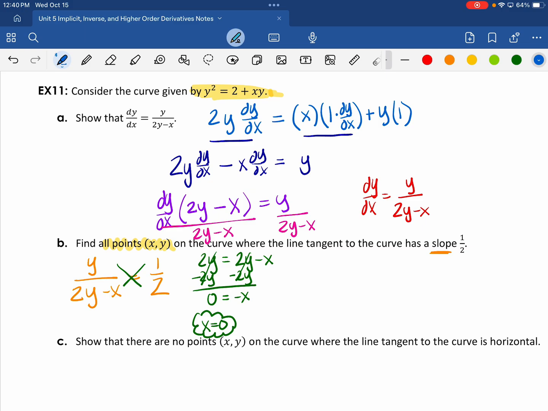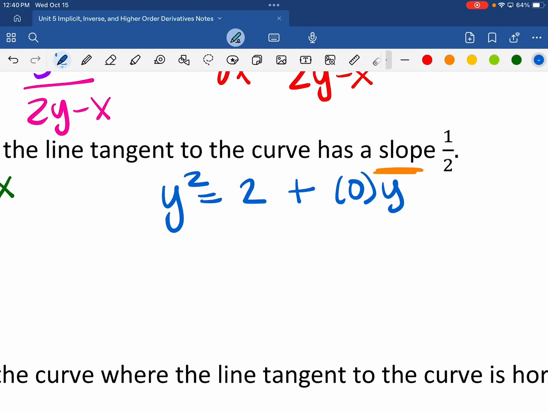So y squared equals 2 plus 0 times y. In place of the x, I put 0. All right, now what is... Just cancel. Yep, so this is going to go away. Then y equals 1. Wait, what's square root of 1 or square root of 2? Square root of 2. Minus square root of 2. Yep.